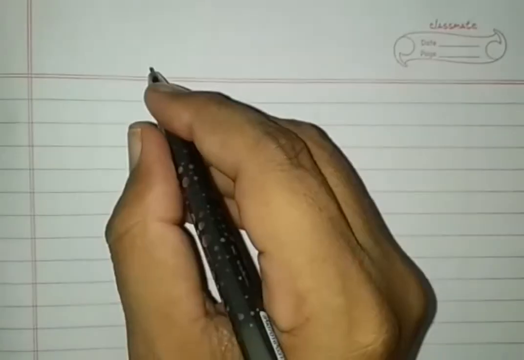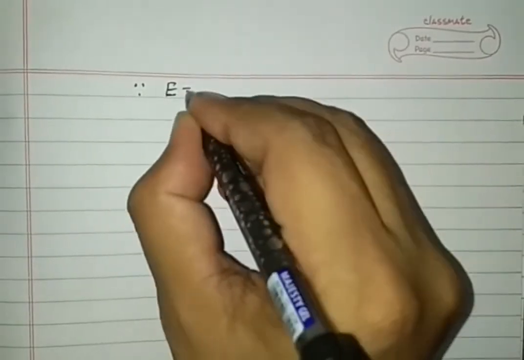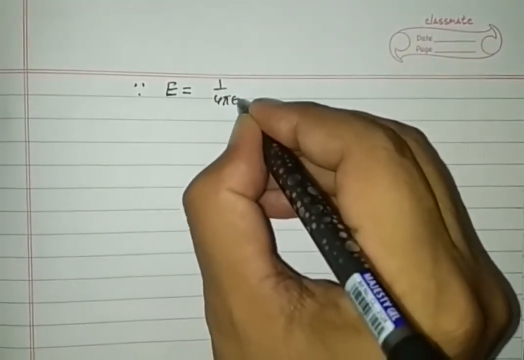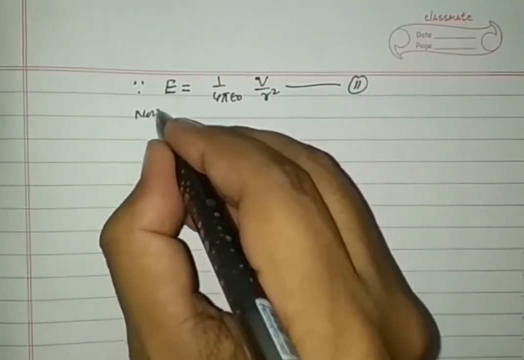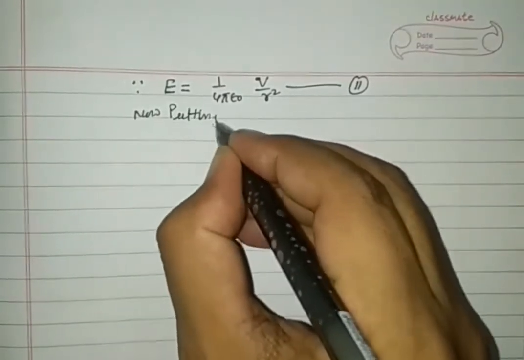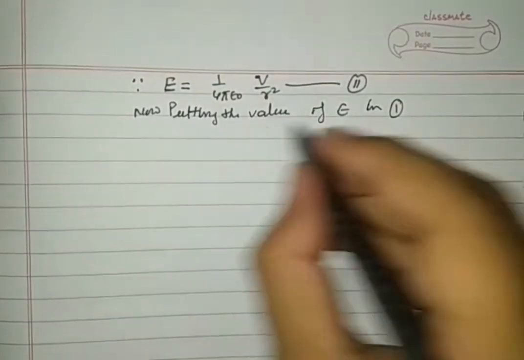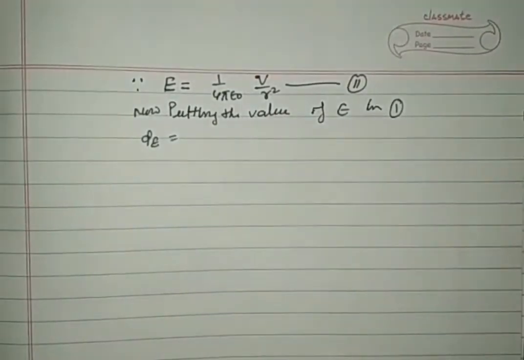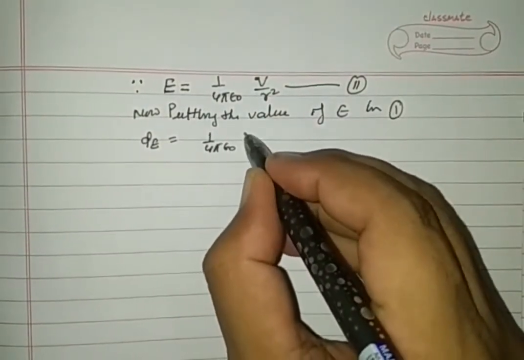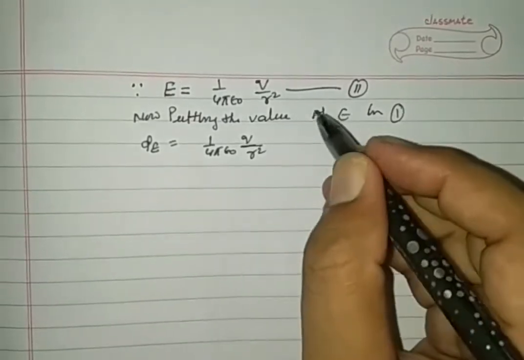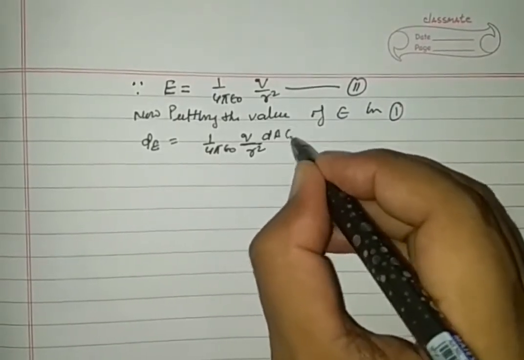Now see on the next page. Since the electric field intensity E is given by the formula 1 upon 4 pi epsilon 0 Q by R square, putting the value of E in equation 1, we have electric flux is equal to E dA cos theta, where E is 1 upon 4 pi epsilon 0 Q by R square, into dA cos theta.